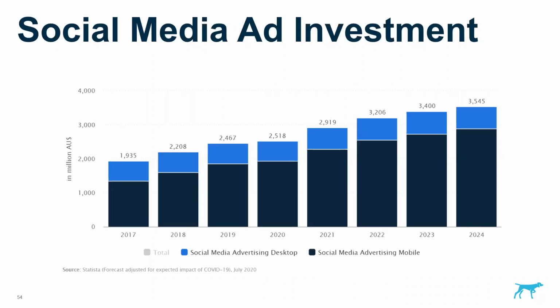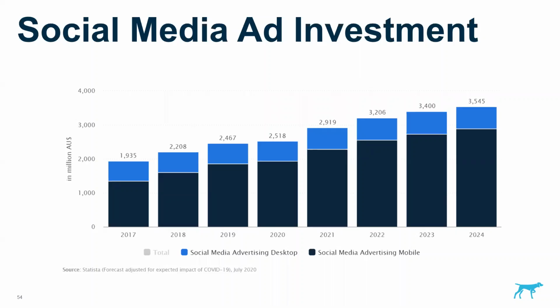In terms of the overall picture over the coming years, this has hypothetically been adjusted for the impact of COVID-19. You can see 2020 is very flat compared to all the other improvements year on year, but the market is poised to grow quite heavily, and to slow down a little bit in 2022 to 2024.